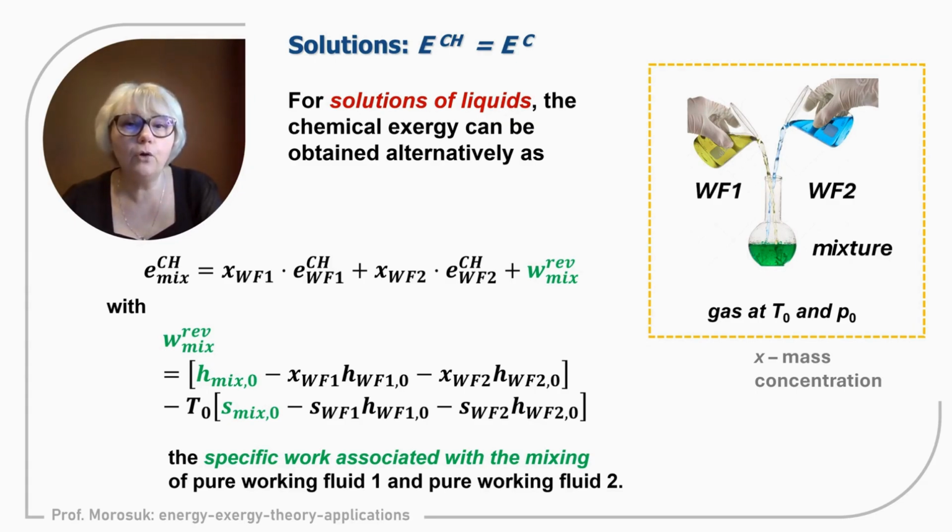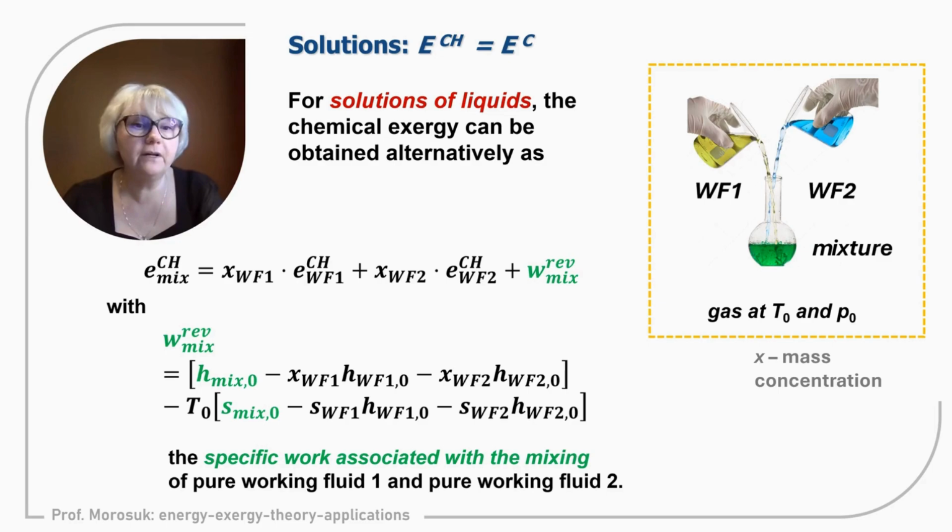The work of the mixing process for gases is zero, because gases can be mixed in any concentrations and any compositions, but for liquids we have quite a lot of limitations to form a homogeneous mixture.